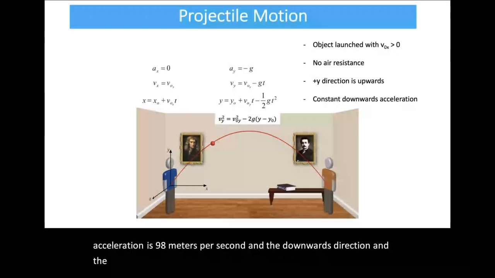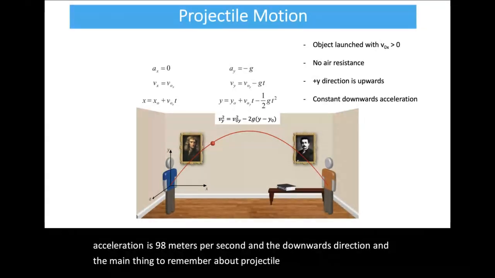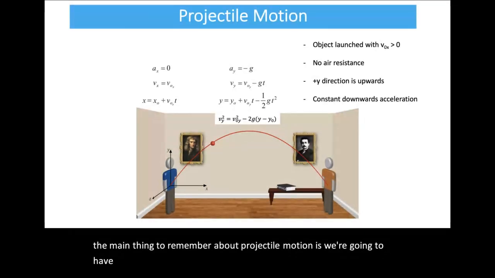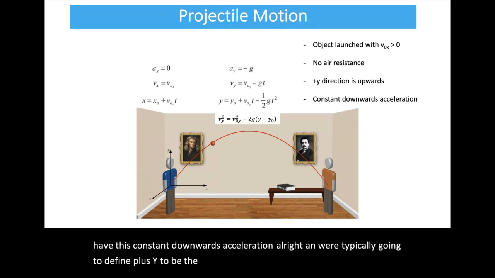And the main thing to remember about projectile motion is we're going to have this constant downwards acceleration. All right, and we're typically going to define plus y to be the upwards direction and plus x to be the direction you're moving in.